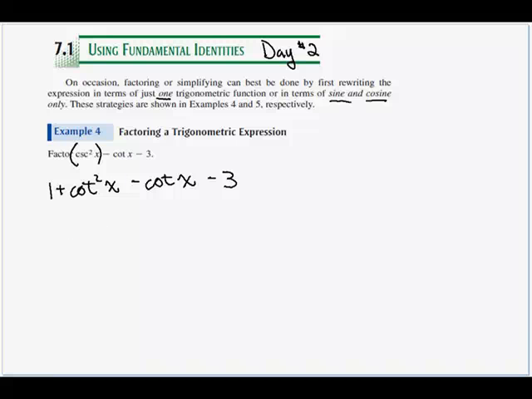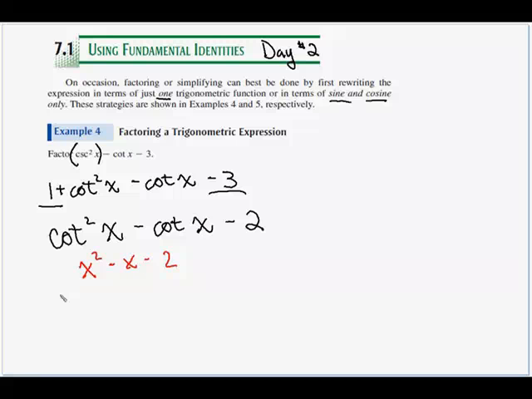Now we can combine our like terms, just these numbers. So now we have cotangent squared of x minus cotangent of x, and then negative 3 plus 1 is minus 2. Again, if you want to think of these in terms of x to make the factoring more obvious, we'd have x squared minus x minus 2.